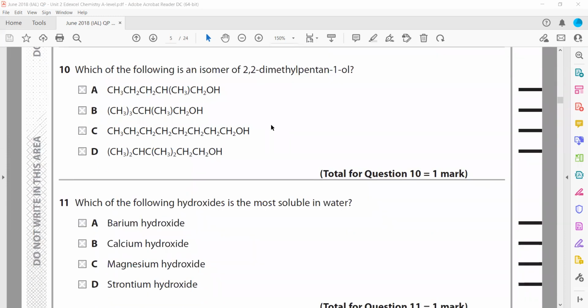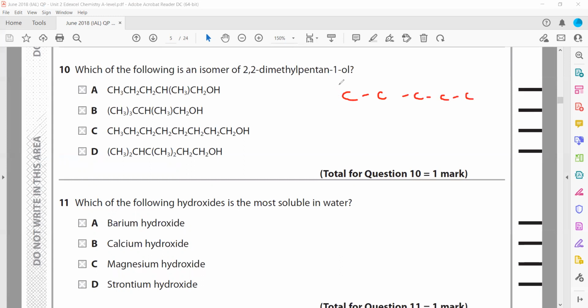In question 10, which of the following is an isomer of 2,2-dimethylpentan-1-ol? To identify the isomer, first you have to know how many carbon atoms should be there in 2,2-dimethylpentan-1-ol. When I draw the structure, pent means 5 carbons, so 1, 2, 3, 4, 5.